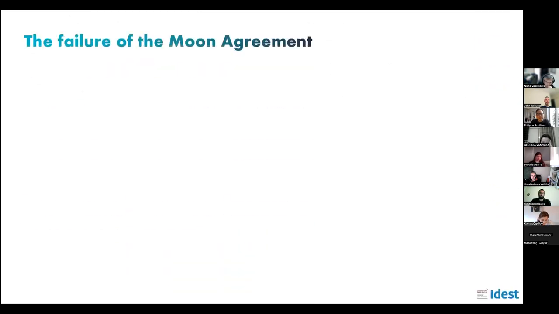The problem is that the Moon Agreement was not a diplomatic success, and now I will explain to you why the Moon Agreement cannot be used as a basis for the regulation of the resources of the Moon and other celestial bodies.